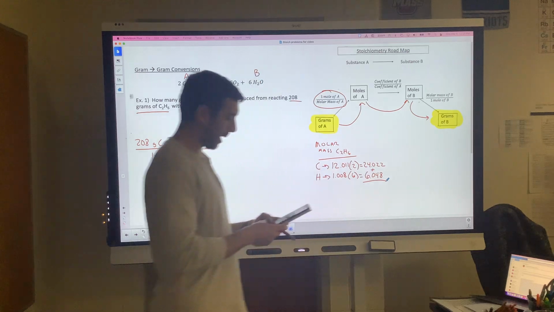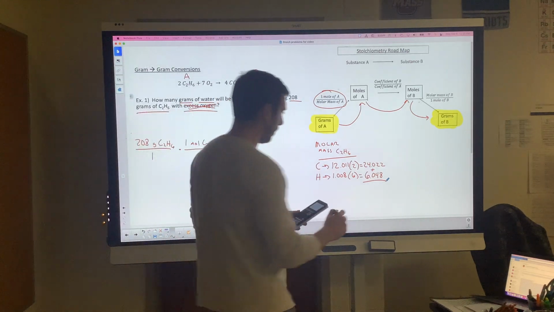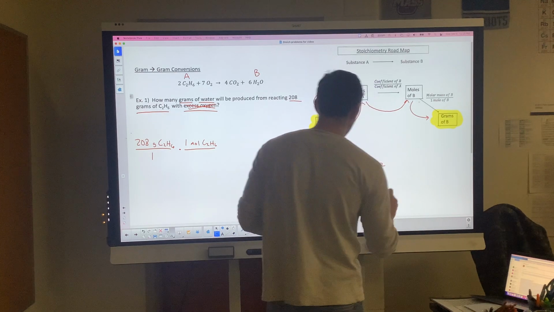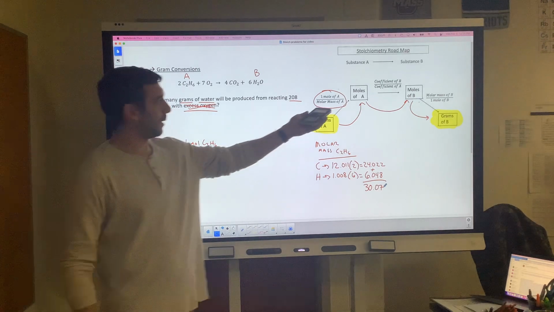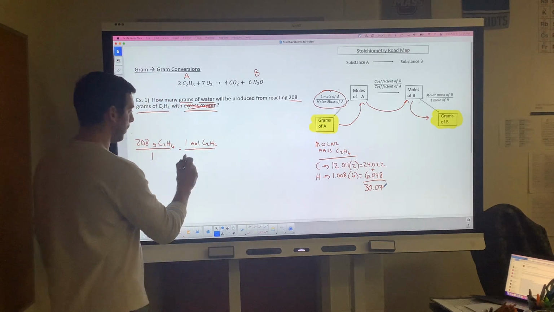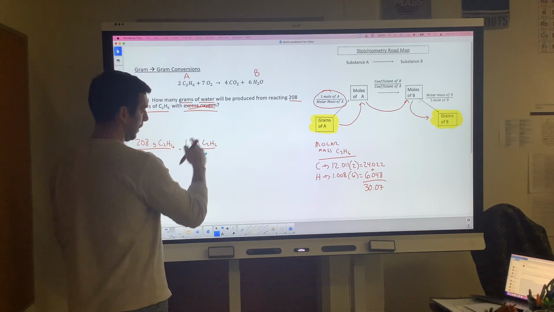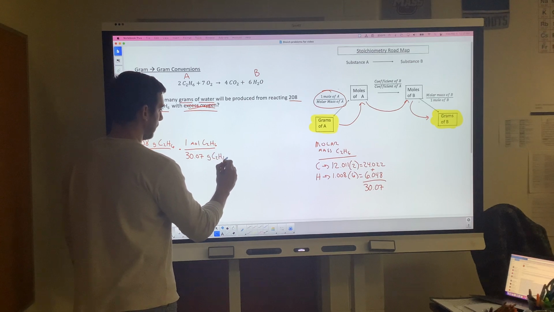We're going to add the 2 together, and that will give us a total molar mass of 30.07. You can see in the conversion, the molar mass goes in the bottom, so we're going to take that number and put it in the bottom of this conversion factor, in grams of C2H6.